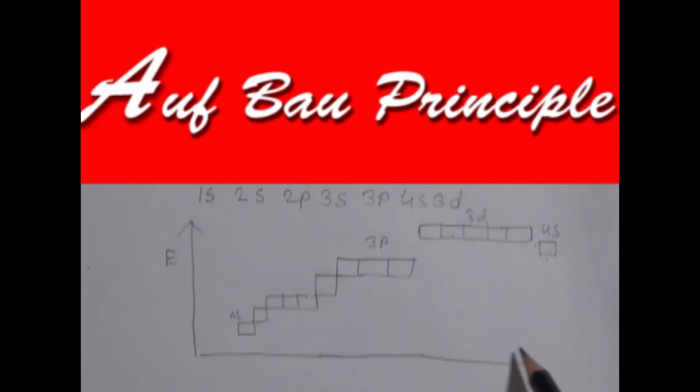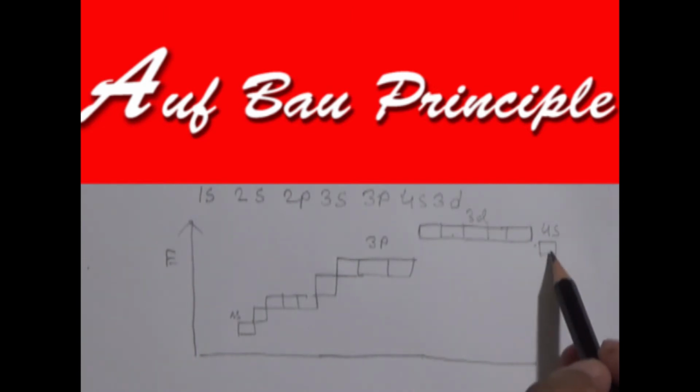In the x-axis, 3d has a smaller distance than 4s, so electron will enter 4s first, then 3d.